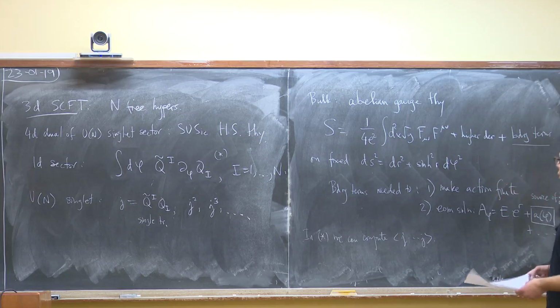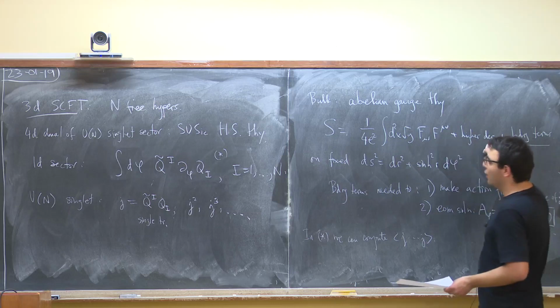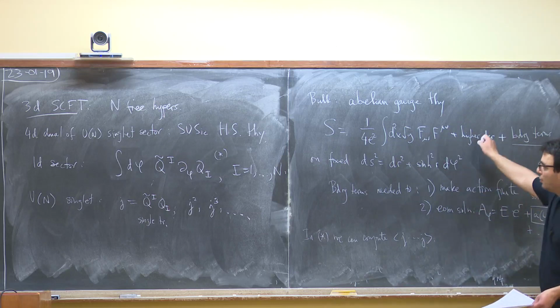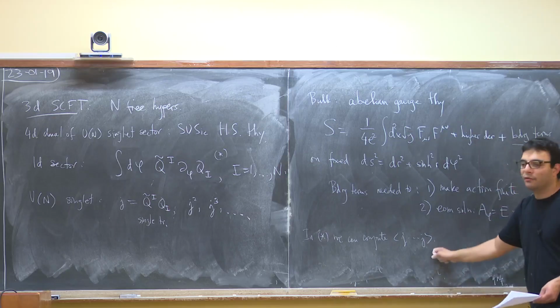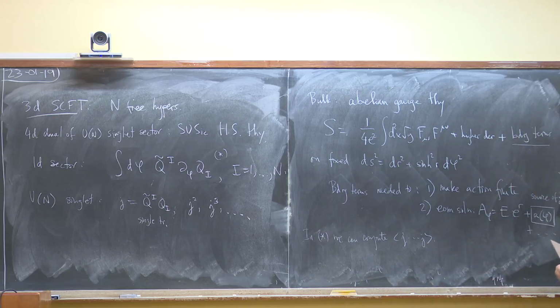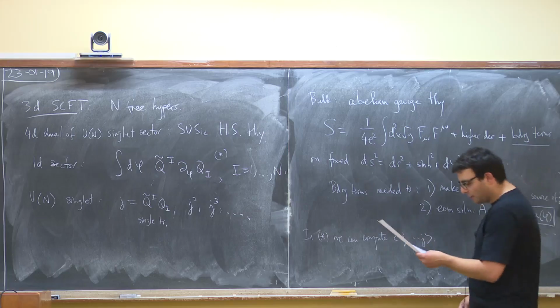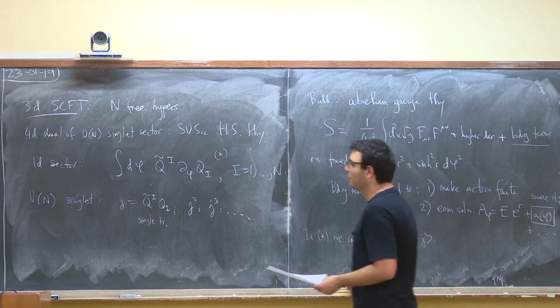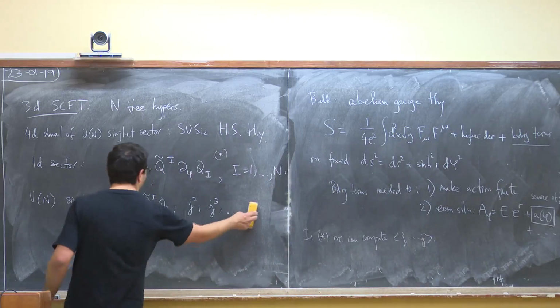Then we can ask what bulk action we should write down such that classical computations in the bulk reproduce the large n limit of all these correlation functions. I can tell you what that action is, actually. Maybe I can write it over here.